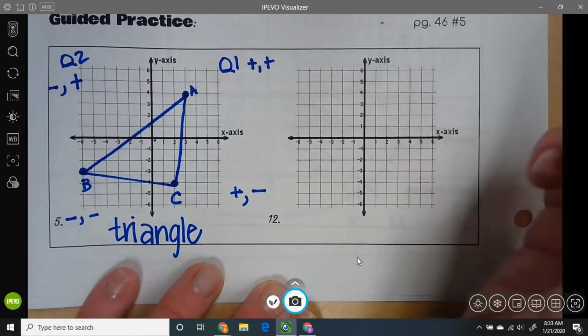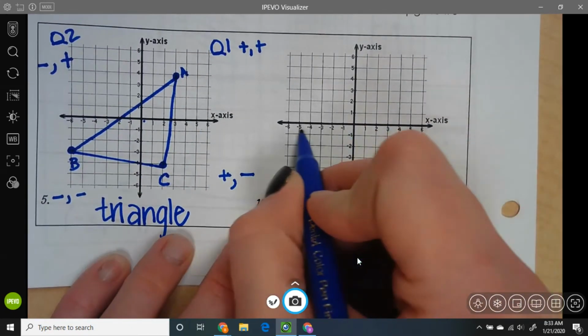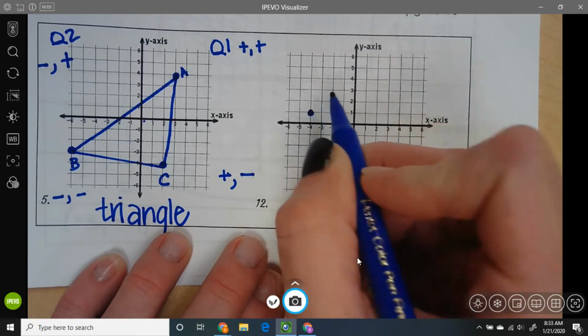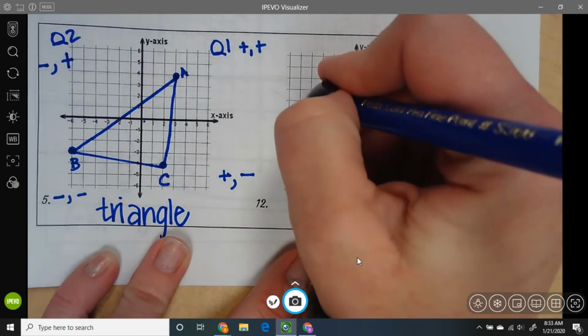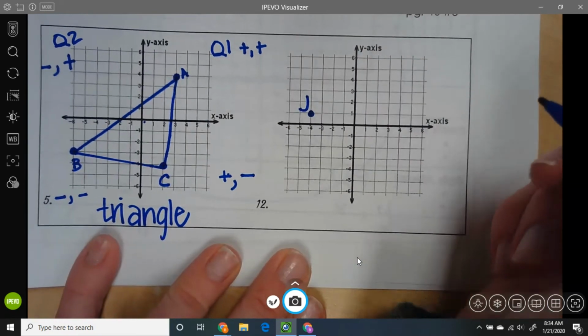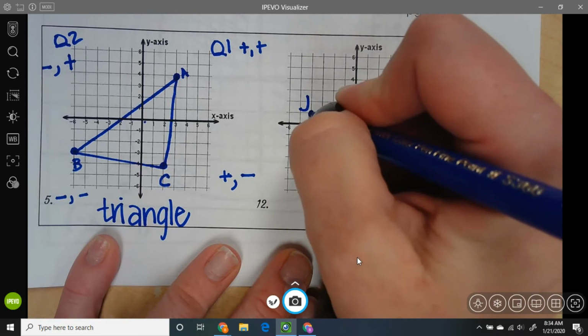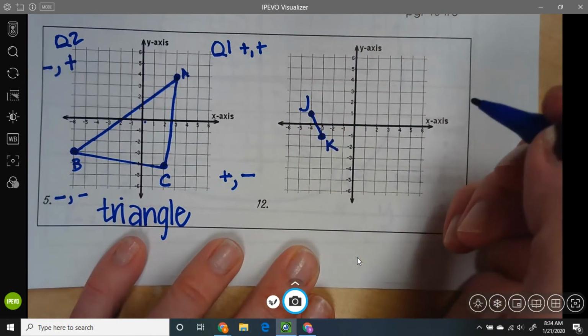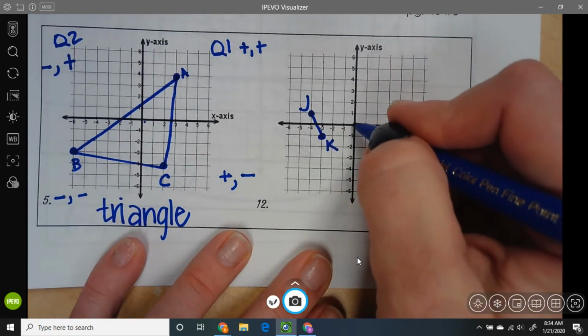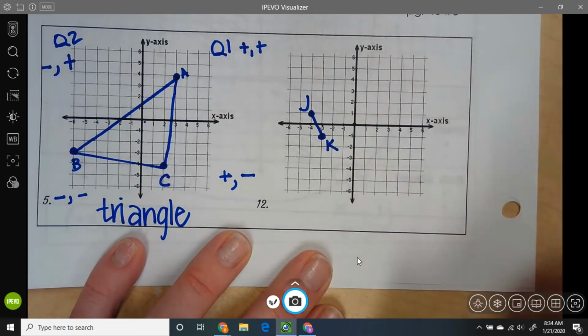Okay, and then number 12 says J is -4, 1. K is -3, -1. L is 0, so I don't move anywhere across. I just leave it there.